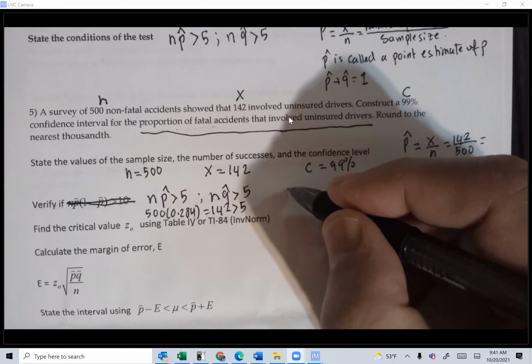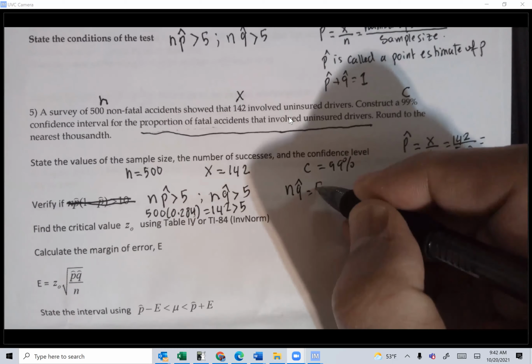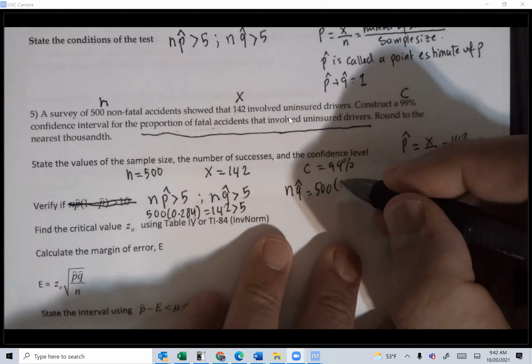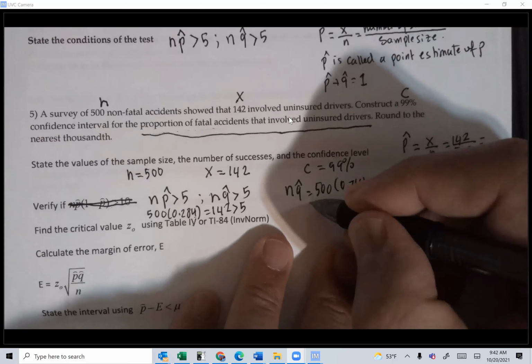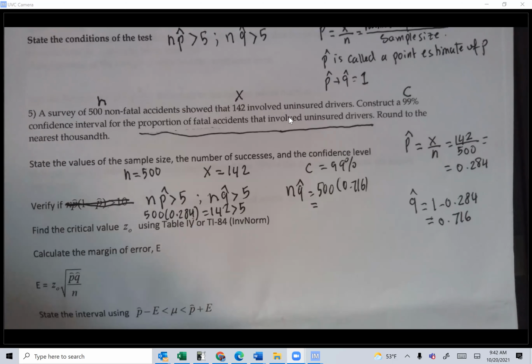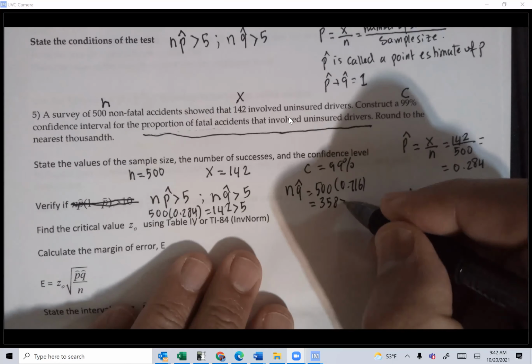And now NQ hat, guys, which is 500 times 0.716. I got 358, guys. Definitely bigger than 5 as well.